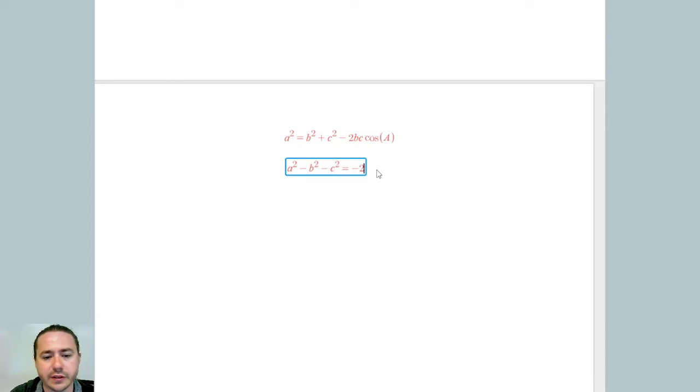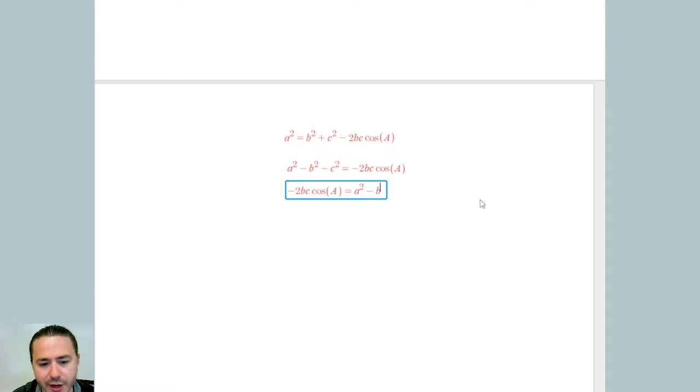In other words, since I'm trying to solve for cosine A here, I'm just going to move this to the left side and move this to the right side. So just to clean that up a little bit, it's always a good idea to have the variable you're trying to isolate on the left-hand side. So I'm not really doing anything algebraic here, just moving around the equation.